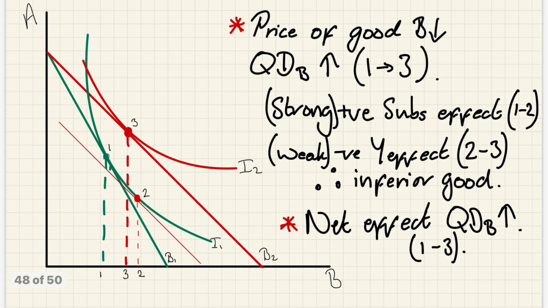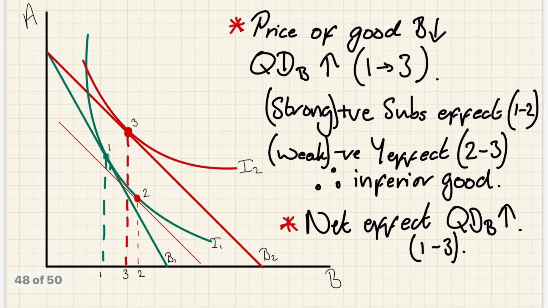Okay, so the reduction in the price of good B has had the effect of increasing our income. We can now buy more goods and services because the price of one of the goods that we buy has gone down. Okay, but the effect here is a weak negative effect.